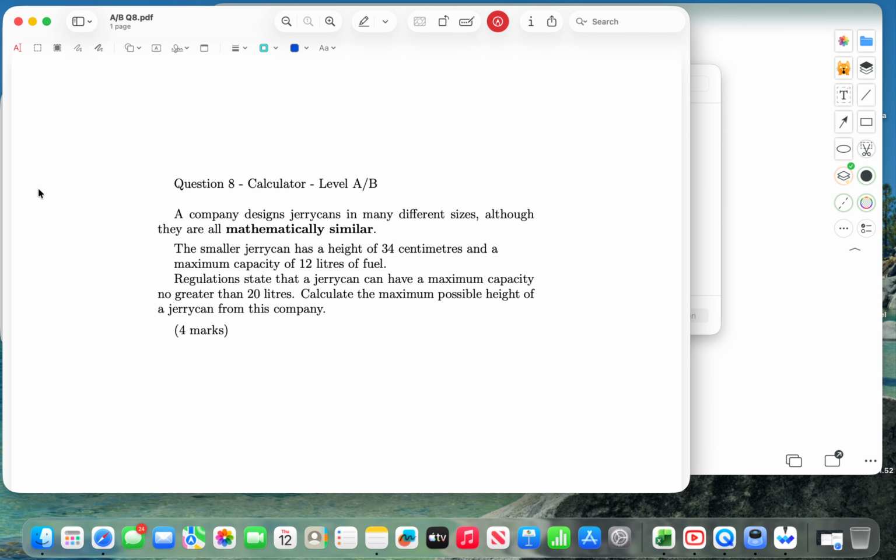But this company makes multiple jerry cans that are mathematically similar, and the smaller one has a height of 34 centimetres and it can fill 12 litres at most.